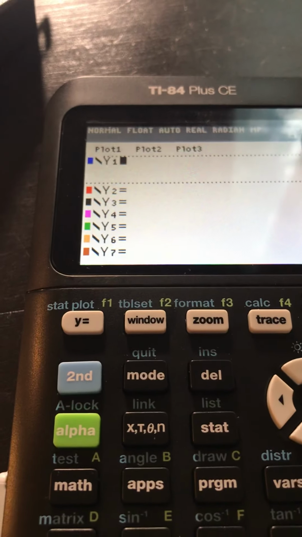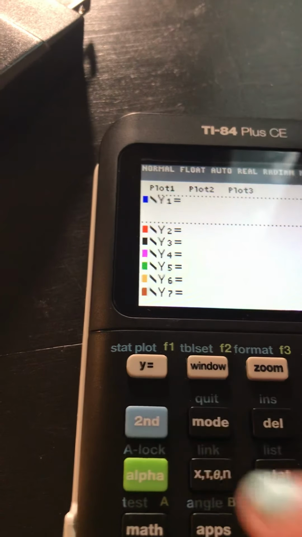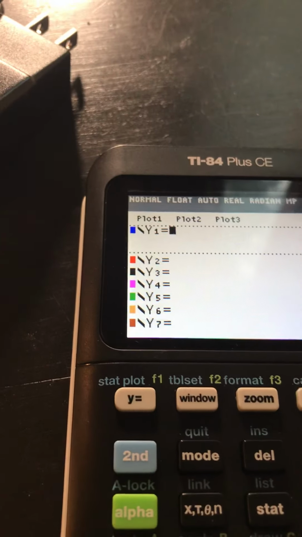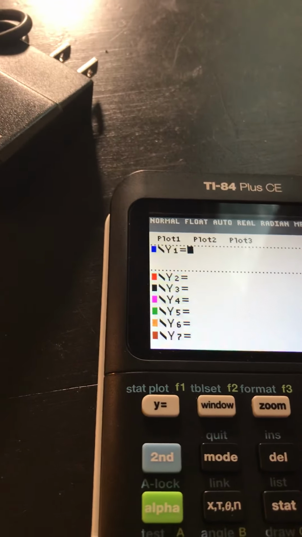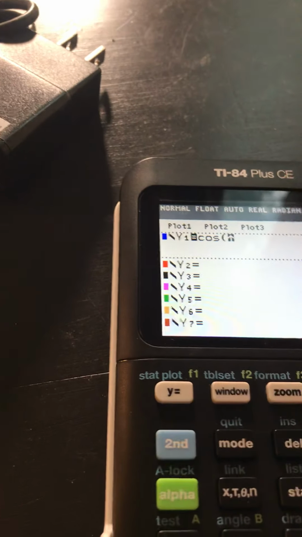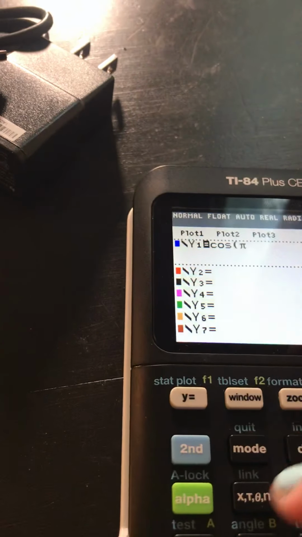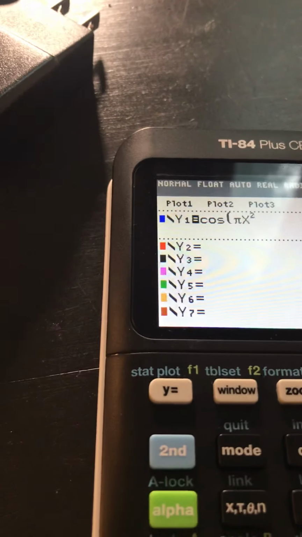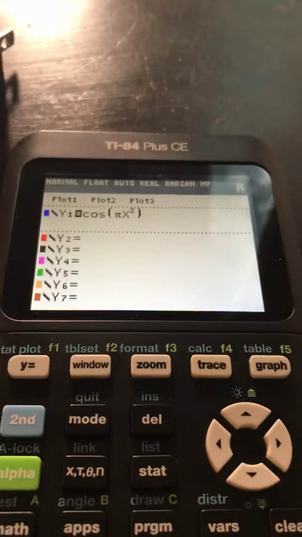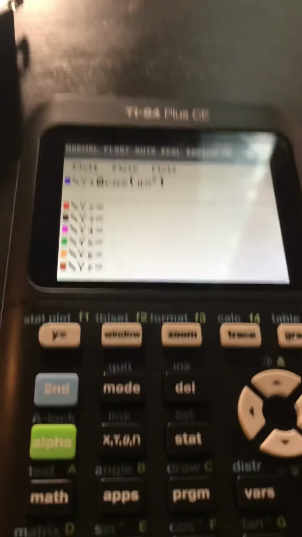So question 5, you have a first derivative and you are told a window to use.